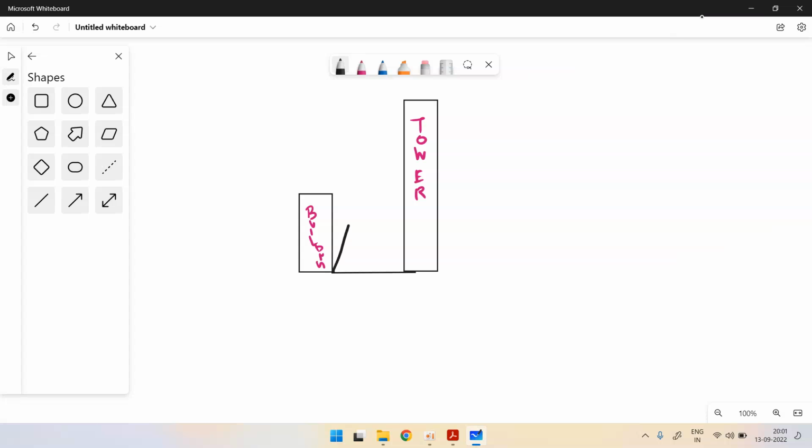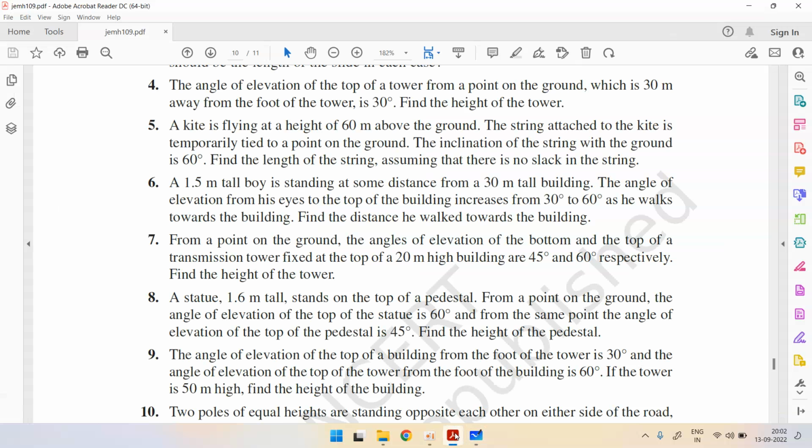So now if I join this and this, it is given that this is 60 degree, and if I join this and this, it is given to be 30 degree, and only one height is given, that is the height of the tower.